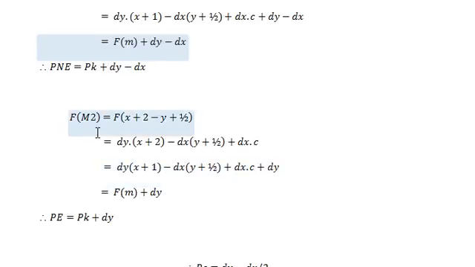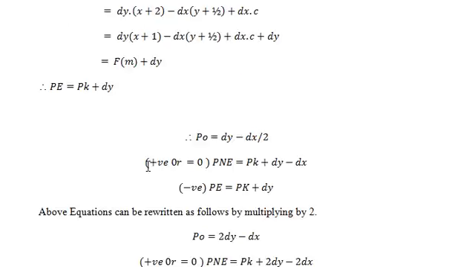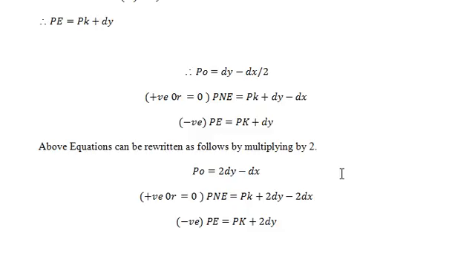Next, for m2, we get f of m plus dy. So finally we get p naught is equal to dy minus dx by 2. Next, for northeast, pk plus 1 is equal to pk plus dy minus dx, and for E, pk plus 1 is equal to pk plus dy. If we multiply all equations by 2 to remove the division, we get these formulas, and we can use them to draw the line.